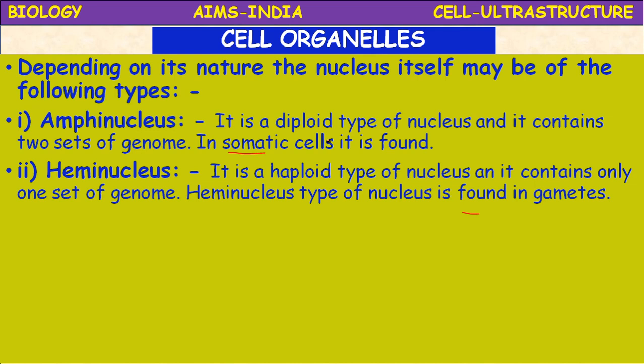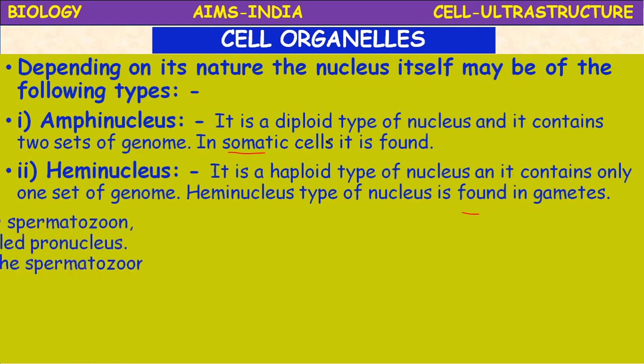Heminucleus is a haploid type of nucleus and it contains only one set of chromosomes, so it is present in the gametes. Diploid means 2n. Haploid means 1n, only one set of chromosomes.